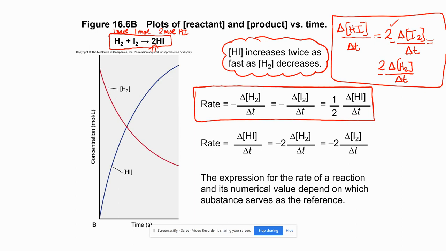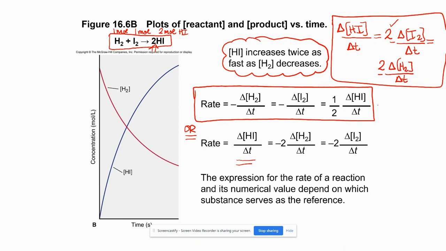Okay, and so this is an OR. I started off with this first top one where HI appears twice as fast as H2 and I2 disappear. Or we could say that I2 and H2 disappear at 1/2 the rate of HI.